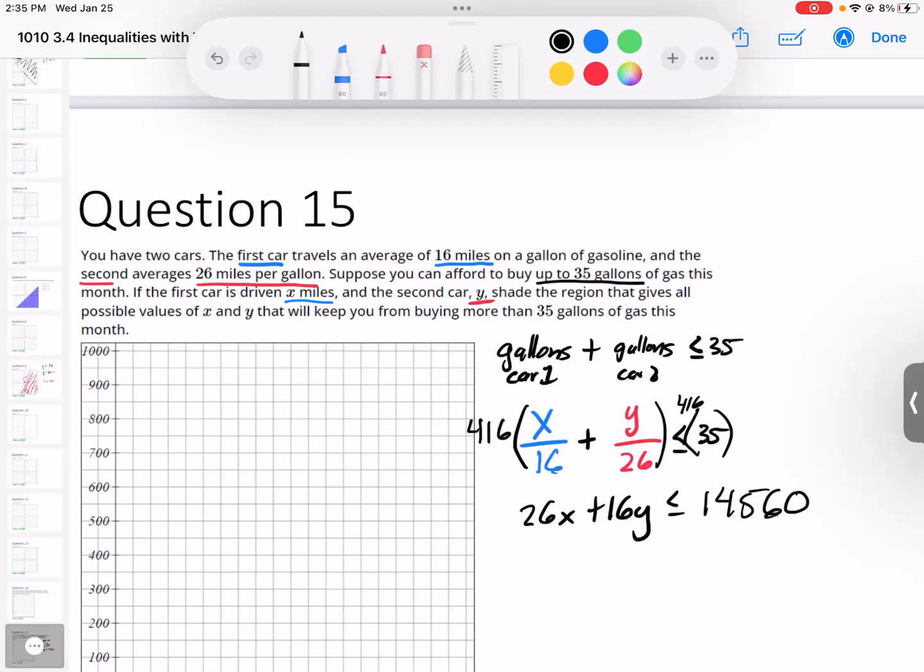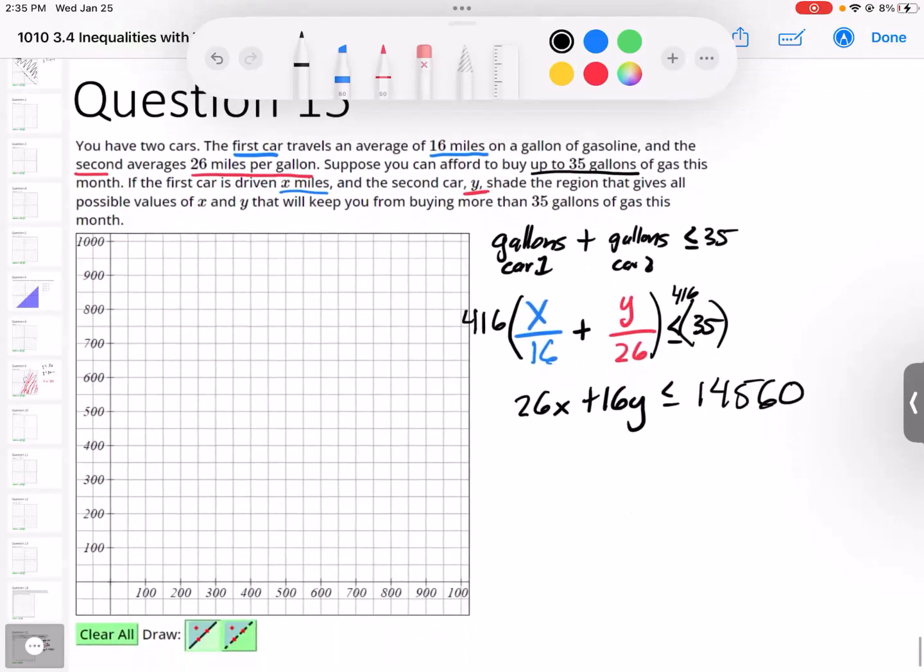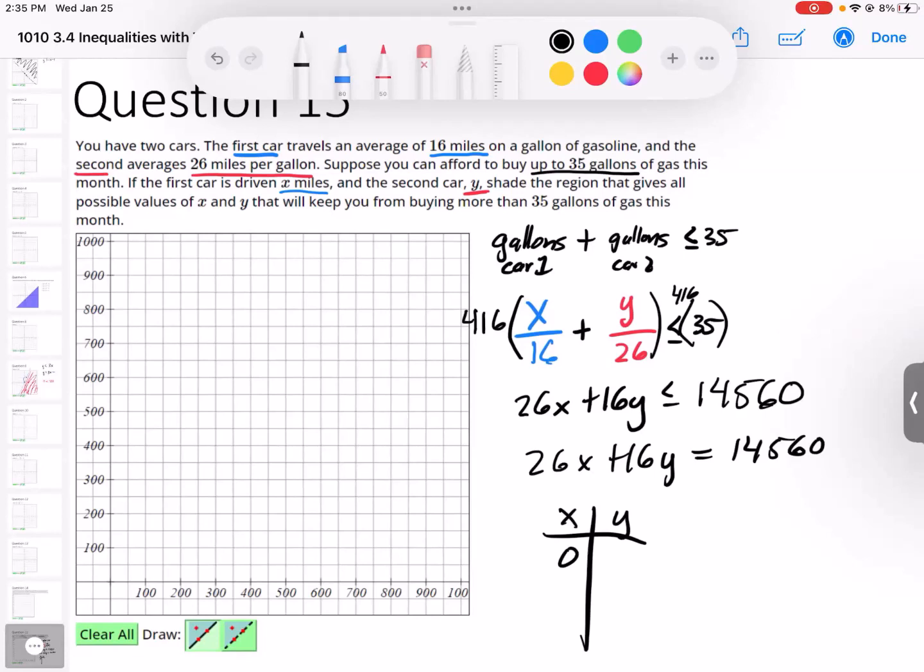And in this inequality, I want to graph the equation to find the boundary line. So the equation is going to be where 26x plus 16y equals 14,560. And so if x equals 0, then y is going to have to equal that number divided by 16. What is that? 910.